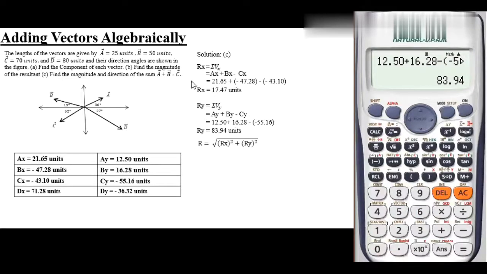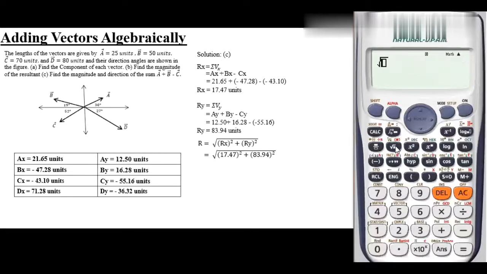Ngayong na-compute na po natin yung kanyang Rx and Ry for A plus B minus C, we can now calculate the magnitude by using Pythagorean theorem. That is R is equal to the square root of Rx squared plus Ry squared. And then substitute, we have the square root of 17.47 squared plus 83.94 squared.